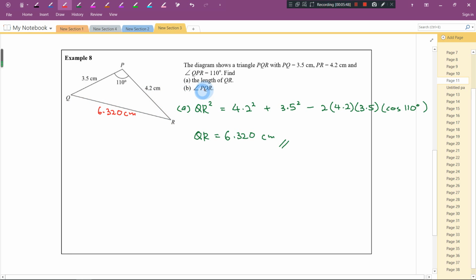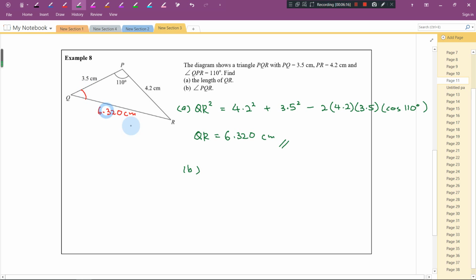Now let's try angle PQR. So now we are looking for the angle PQR. You can use cosine rules to help you get this angle, but in this case I would just prefer to use sine rules because it's easier. So let's try how we use sine rules to get the answer.